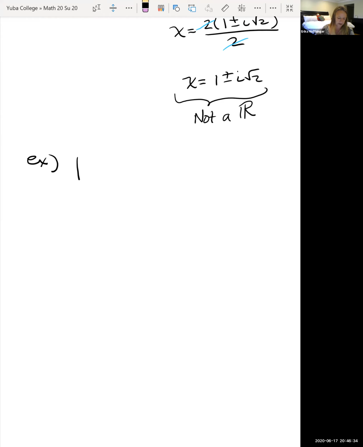What if you had the absolute value of x squared minus 2x, and that absolute value is equal to the absolute value of x squared plus 6x?